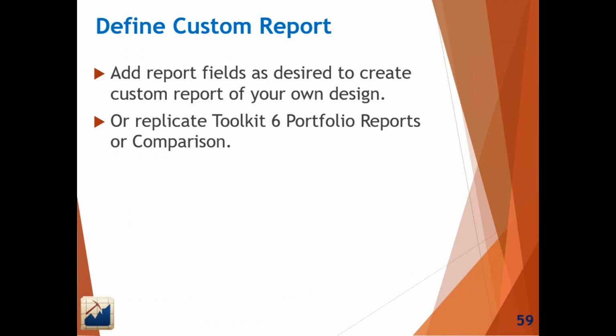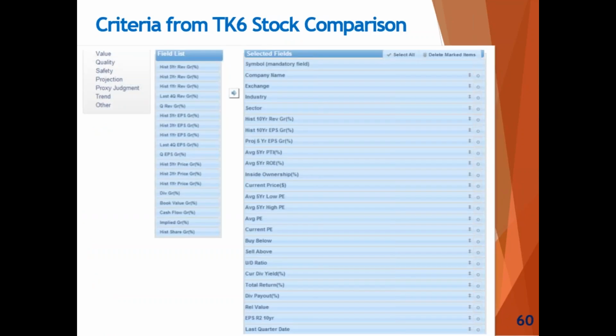But what some people do is they replicate the Toolkit 6 portfolio reports or the stock comparison guide, right? So they use all the fields from the comparison guide, and so every company on their watch list is now in that comparison, using the fields in the comparison. So your field list would look something like this, going from top to bottom.